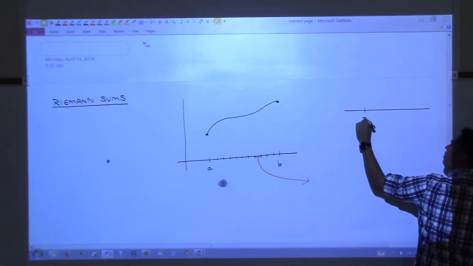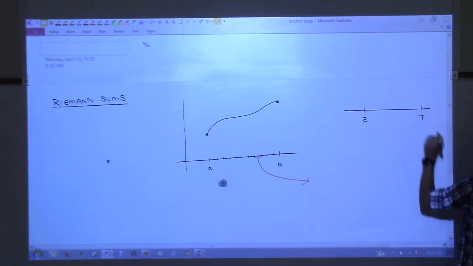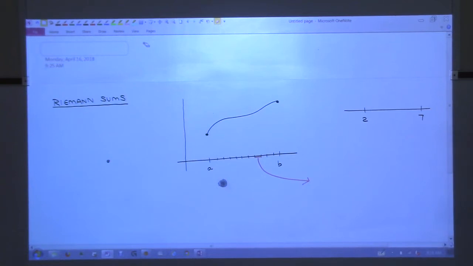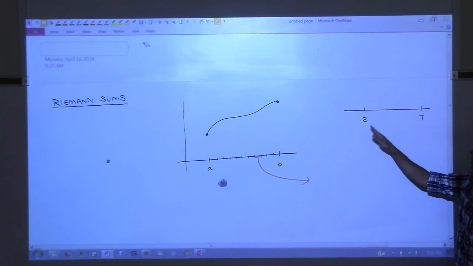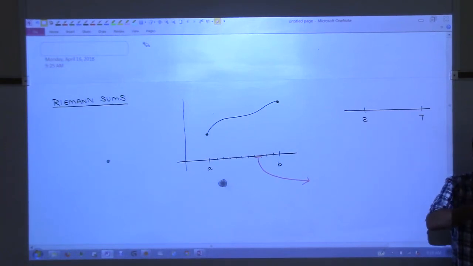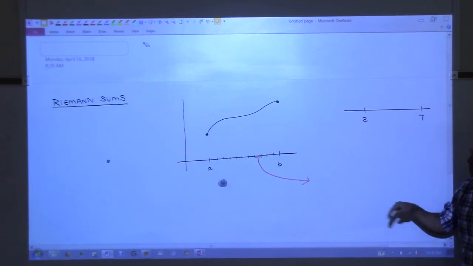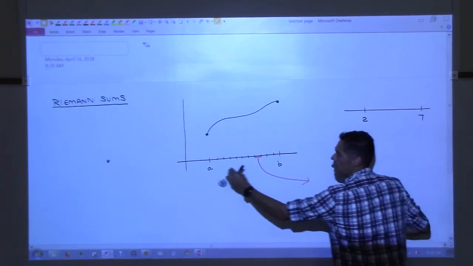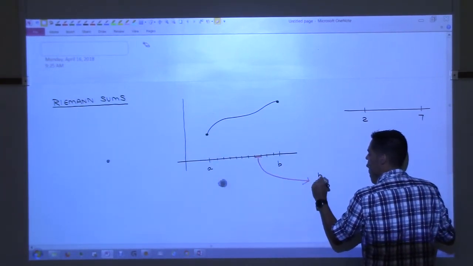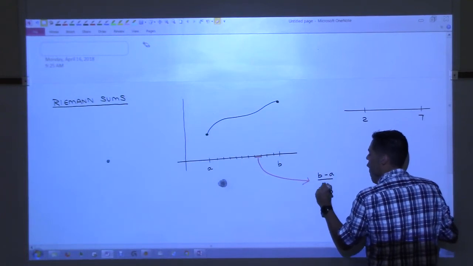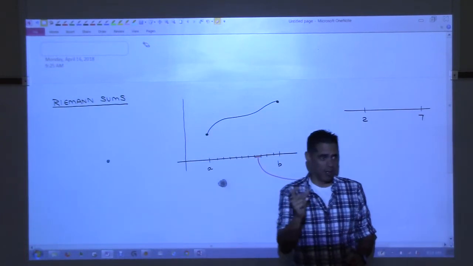Let's see. If we had 2 here, let's say we had 7 here. How long is that interval? 5, right? All you do is take that, subtract that. So I'm going to take that 5 and cut it into n equal pieces. So it would be 5 over n, yes? So this right here is going to be the length of the interval, which is b minus a over n. Each one of these is that wide. Agreed?